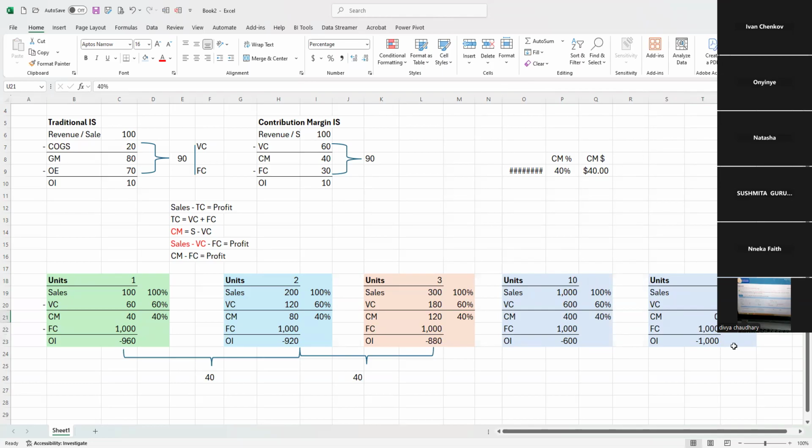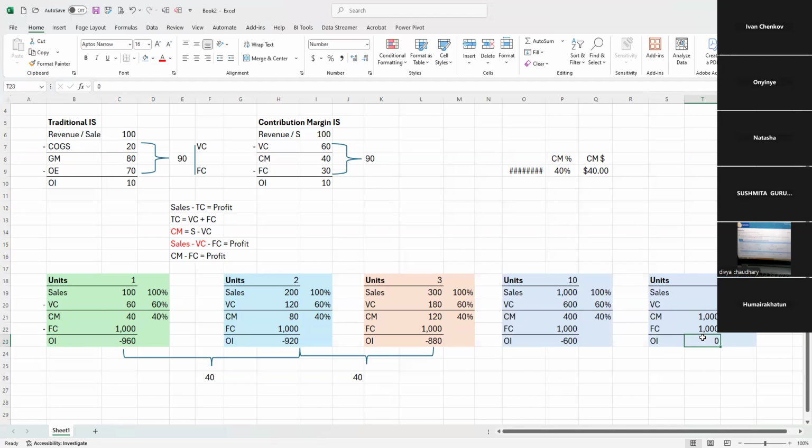Yes. I want operating income to be equal to 0. How can I make it? My contribution margin should be equal to my fixed cost. Is there any other option for my income to be 0? No. The only thing I have to do is bring my contribution margin to be equal to the fixed cost. Once I do that, my operating income will be 0.